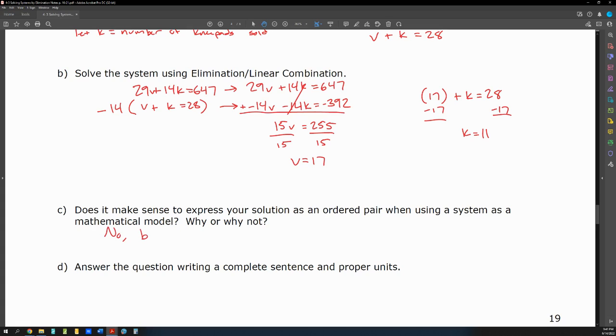No, because the equations do not represent a function with dependent and independent variables.